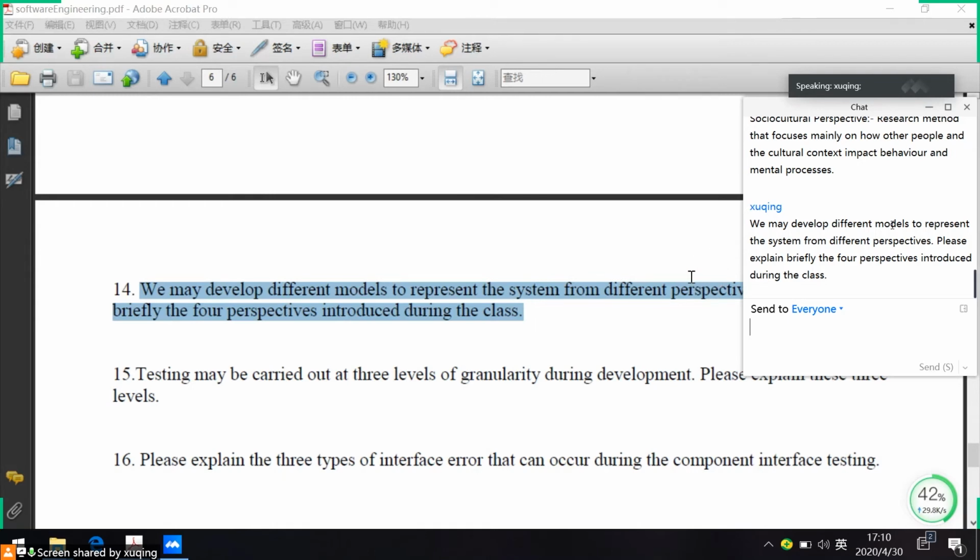You see what you have mentioned: biological, cognitive, behavioral, and social cultural perspective. These are quite different for our software system. It's not these 4 perspectives. It is in the 5th chapter.